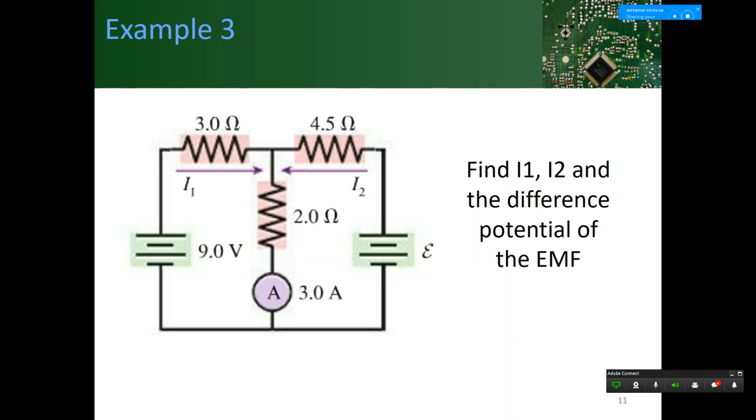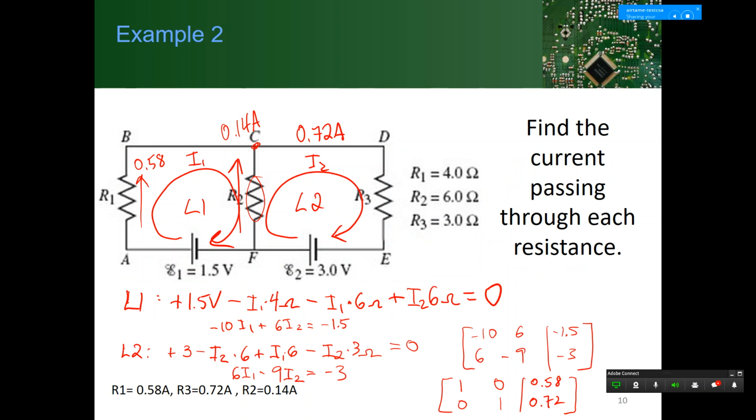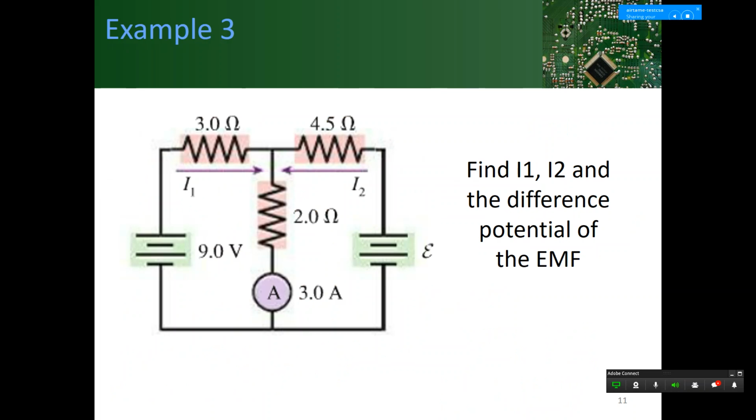I have an idea. What's your idea? What do you want to show me? This one? Okay. I just thought that this side is in series, right? I can assume this and this are in series.